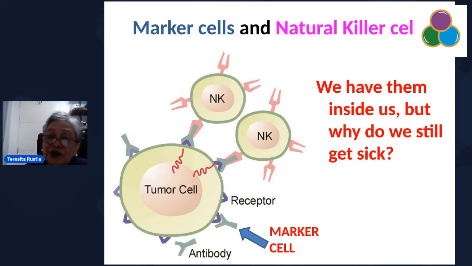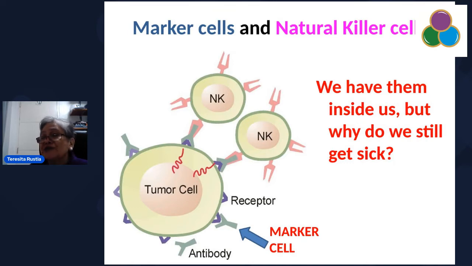If you notice, there is that red crooked line. What is that? That is the interferon gamma produced by natural killer cells. And with a sufficient amount of the interferon gamma, this tumor cell will explode. It will be destroyed.